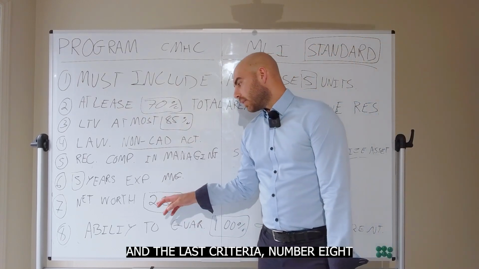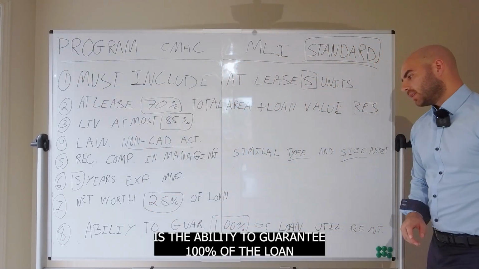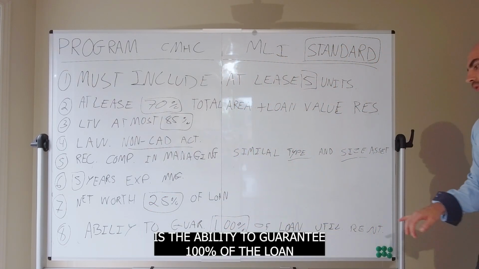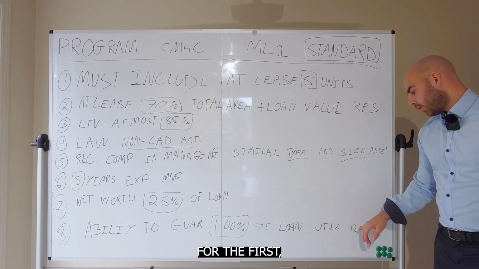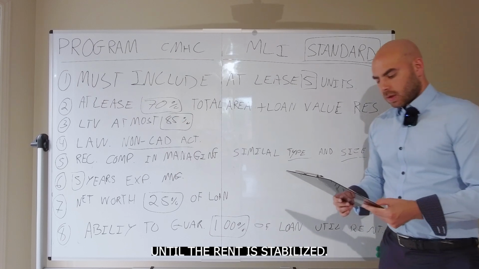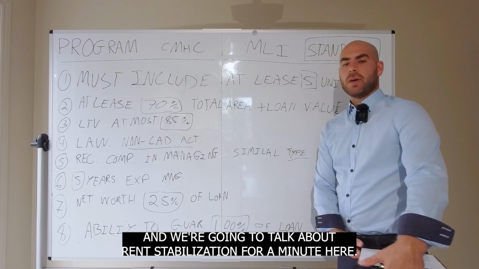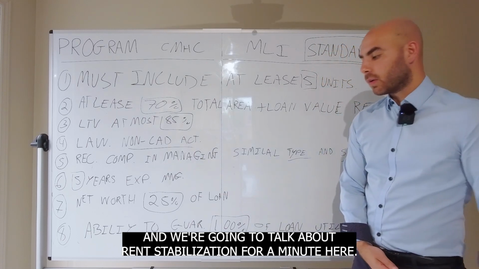And the last criteria, number 8, is the ability to guarantee 100% of the loan for the first 12 months until the rent is stabilized. And we're going to talk about rent stabilization for a minute here.